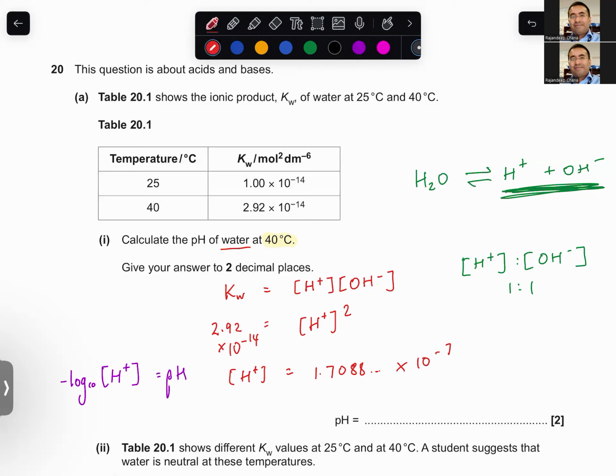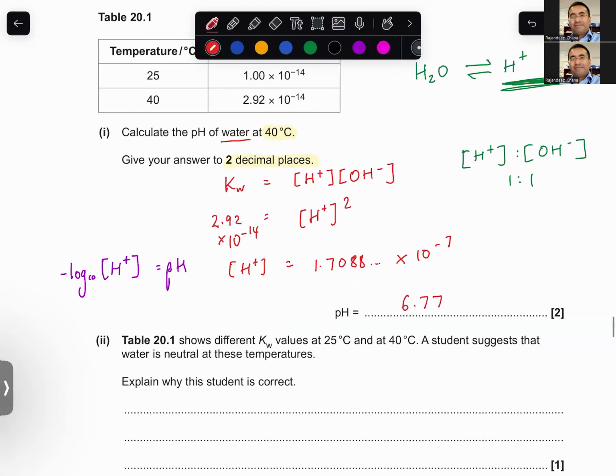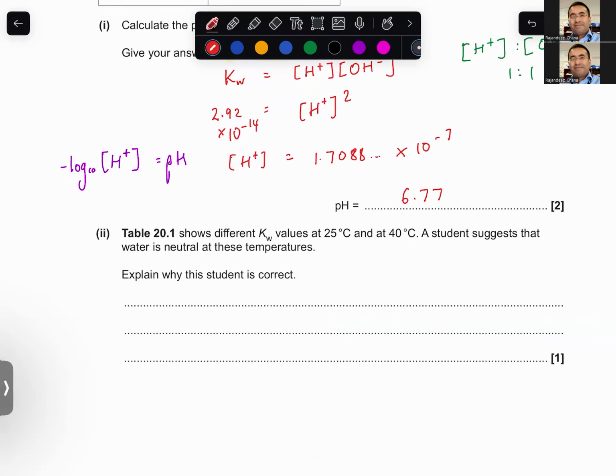That gives us, to 2 decimal places, 6.77. This tells us that water at a higher temperature is slightly more acidic because pH 7 is neutral.